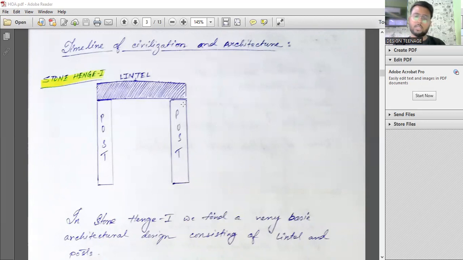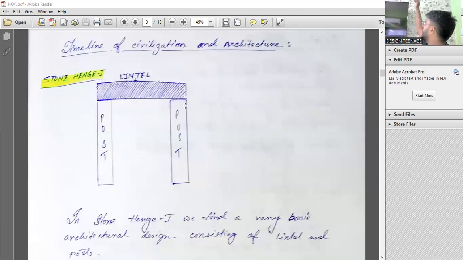The lintel is used in today's construction as well. Above your windows, above your doors, below which there is a vacant space, right? For example, let's assume this is the wall and this is the window, and over here is a hollow space.